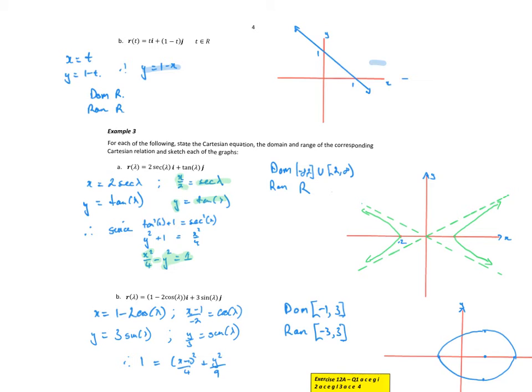If x on 2 is equal to sec lambda, so we have x is equal to 2 on cos lambda. So the range of that is going to be from 2 to infinity or from negative 2 to negative infinity, which is what we have. y equals tan lambda. The range of that is R. So that sort of corresponds with our knowledge of the hyperbola.